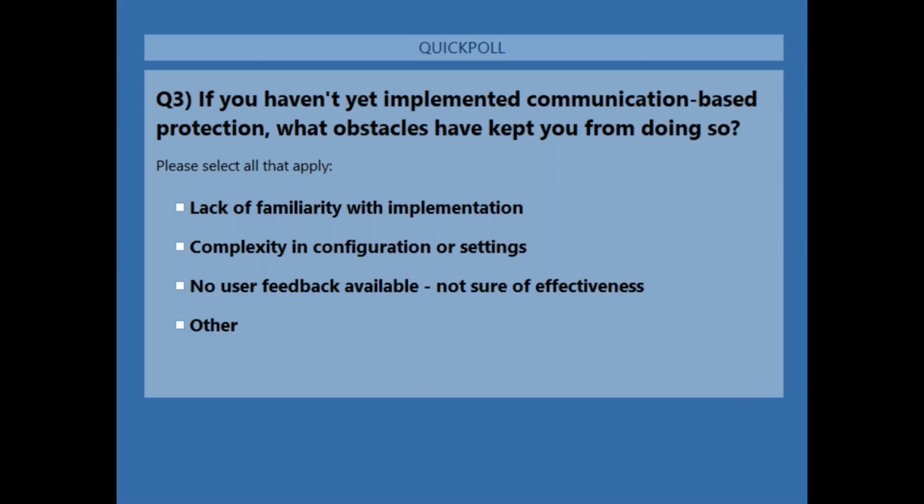Okay, about 45% of our attendees have voted. We'll do about 10 more seconds before we get to the results. And as Brittany mentioned, if you did select other, we'd love to hear about that. Maybe put it in the question box and you can ask about that for our Q&A time at the end, or leave it in the comment.